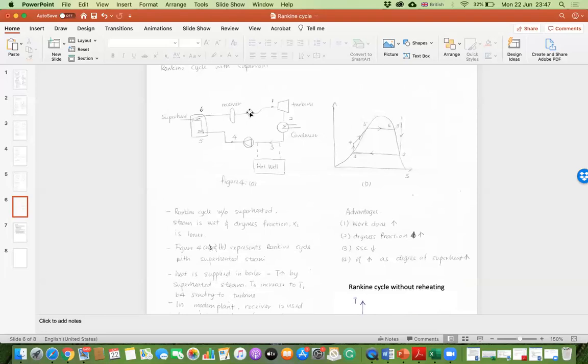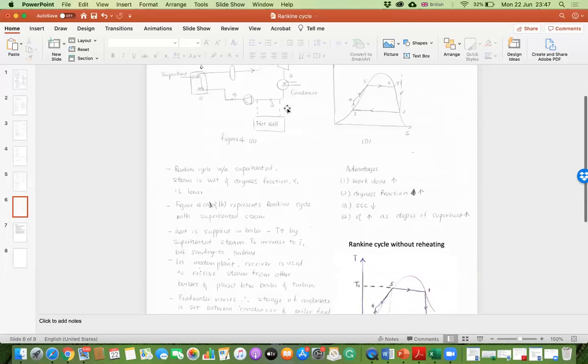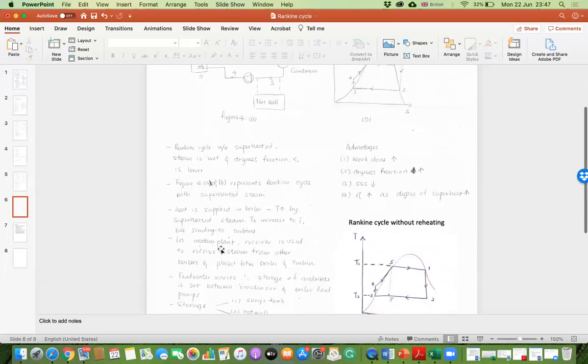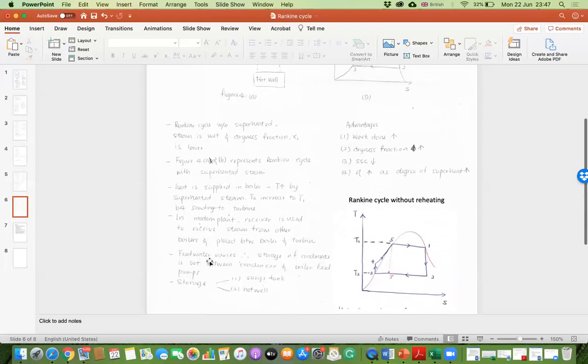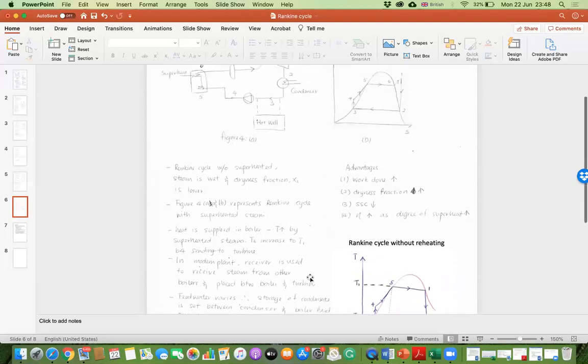So imagine that we have the boiler here, but in a plant we can have so many boilers, so we can receive them and put them in a receiver before sending to the turbine. Feed water varies, therefore storage of condensate is set between the condenser and boiler feed pump.